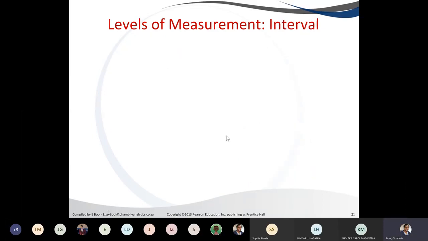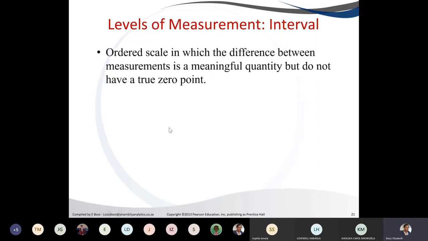For numerical data, we have two scales, although sometimes they are used interchangeably. For the purpose of your module, the two scales are the interval and the ratio. An interval level of measurement is an ordered scale that shows the difference between two measurements, and the measurements have a meaningful quantity, but it does not have a true zero point.